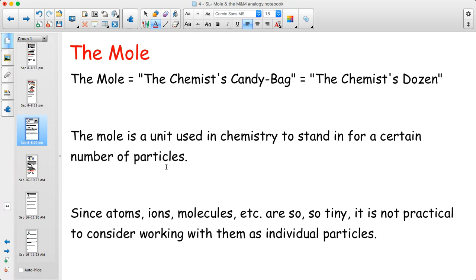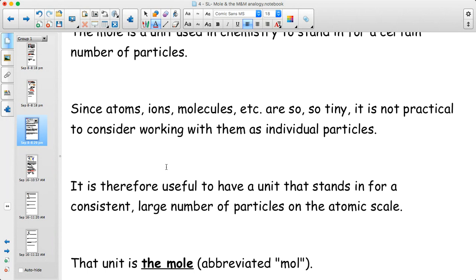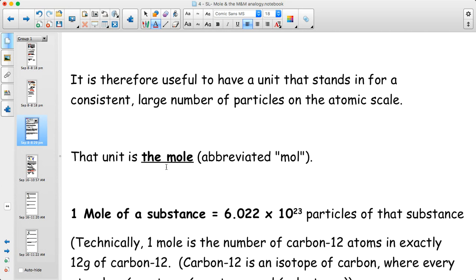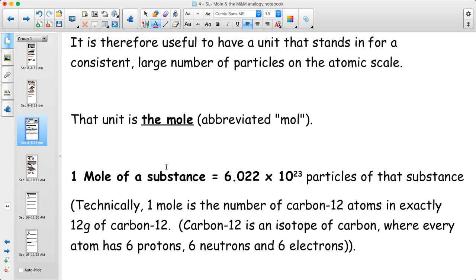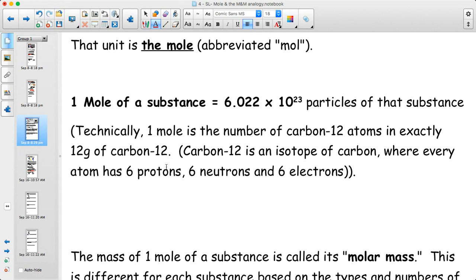If you think that counting M&Ms would get obnoxious and not practical if you were a candy maker, well, counting atoms or molecules is completely impractical because they are so tiny, so much smaller even than M&Ms. So it's really useful for chemists, for scientists, if they can use a larger but set amount of particles when they're doing reactions and converting substances and the like. So a mole is 6.022 times 10 to the 23rd particles of a substance.